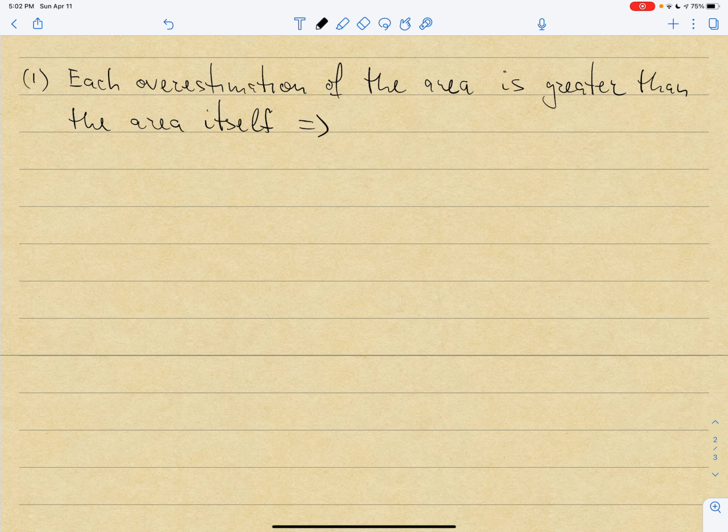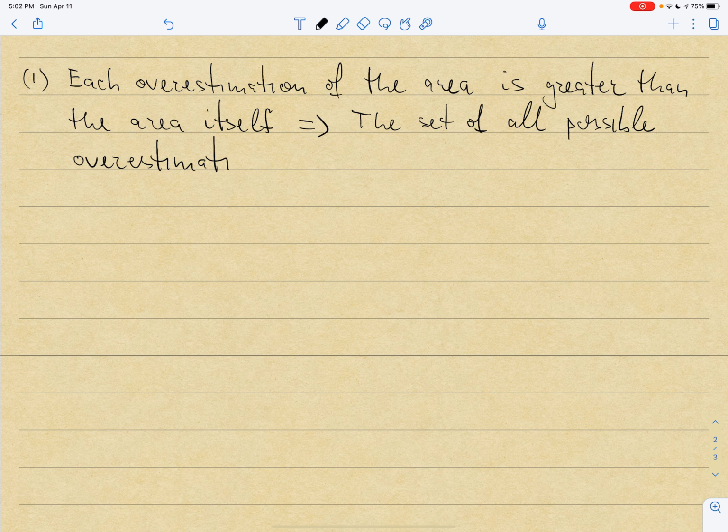So that means that the set of all possible overestimations is bounded from below by the exact area.